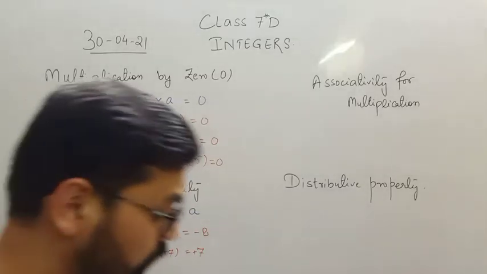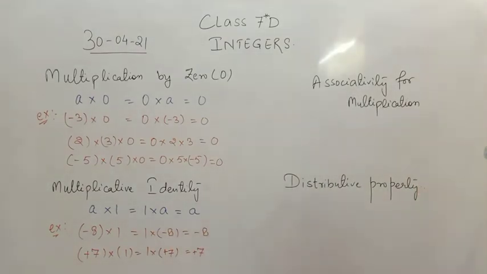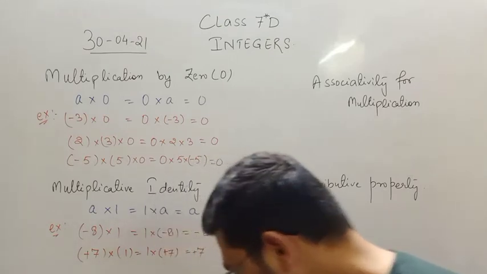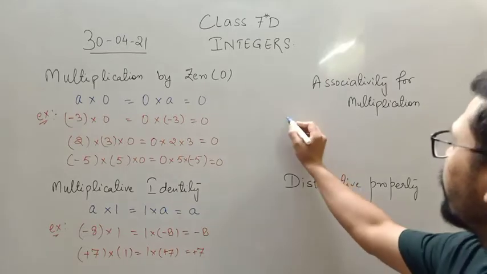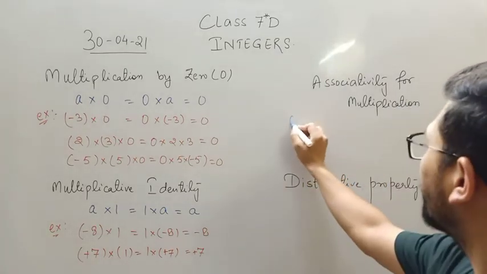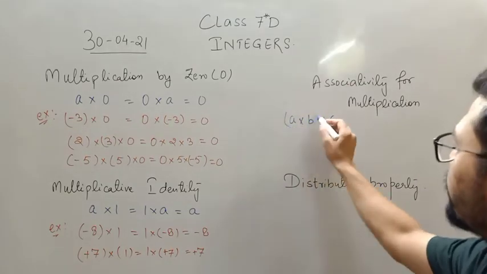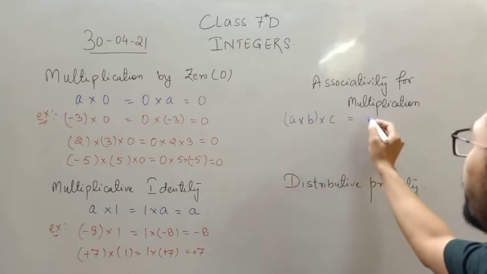Now, what is associativity for multiplication? For that, the general concept is, let's say associativity, let's say a into b into c. In the first case, I associate a with b, and in the next case, I associate b with c.